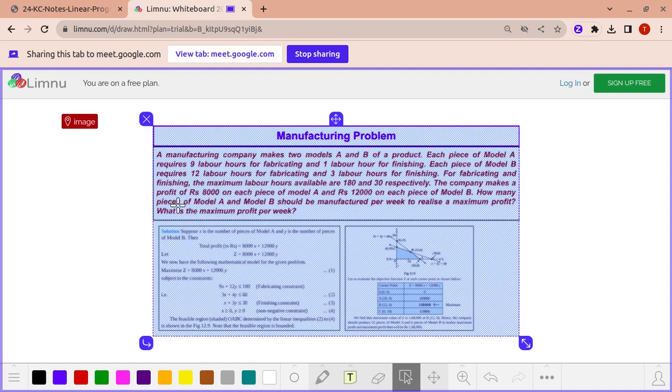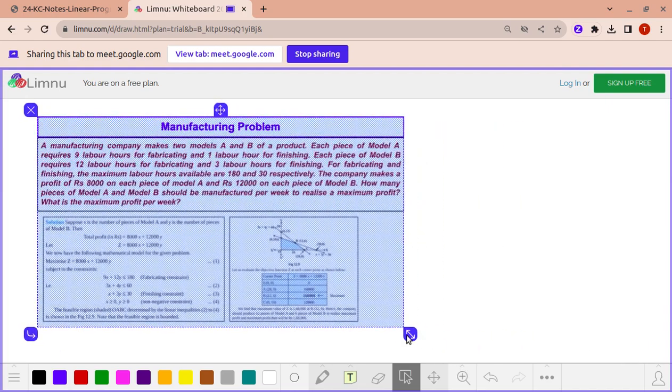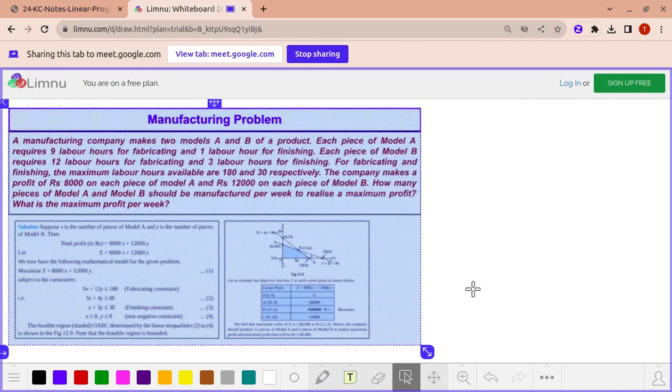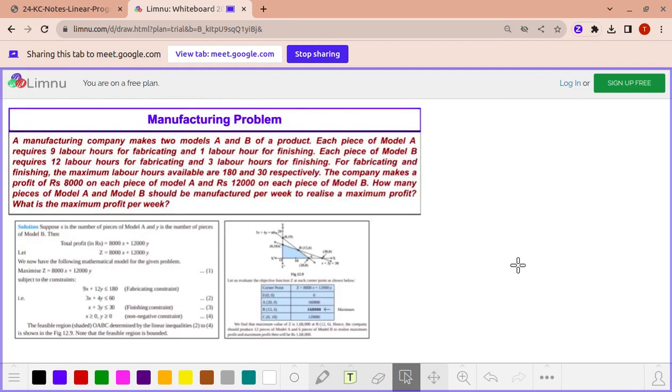Let me first place it here, and after that we will discuss. Now let me first read out the question. The question says that a manufacturing company makes two models A and B of a product. So we get two models.